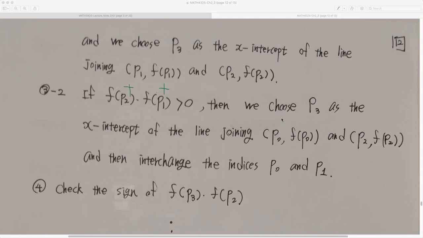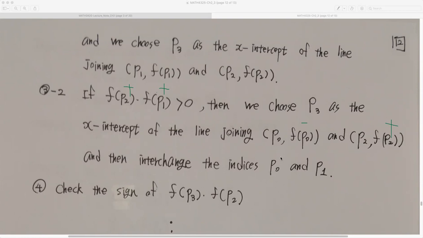But we did choose the approximations P0, P1 so that f of P0 times f of P1 is negative, which means that their signs are opposite. So this is negative, and this is positive. Okay. So now then what?